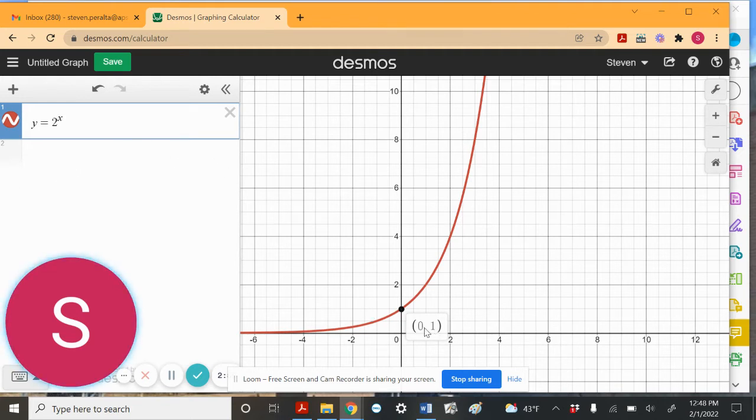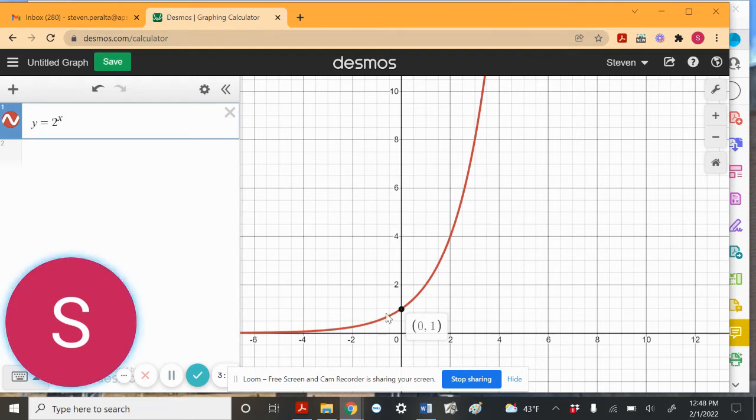So, of course, when x is 0, plug in a 0 here. Anything to the 0 power is always 1, so that's why we get the 1. If I come up here, you can see that at 2, it is 4, so that means if I plug in x equals 2, 2 squared is equal to 4. So that's how I would look at that. So that's an accurate graph.